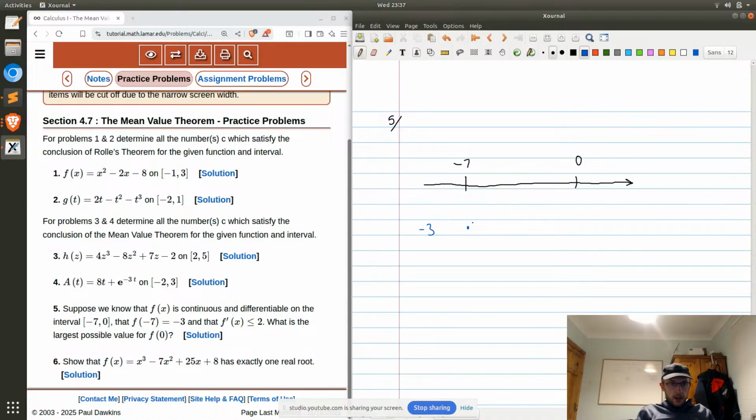Somehow. Let's just say that f prime of x is equal to 2, right?